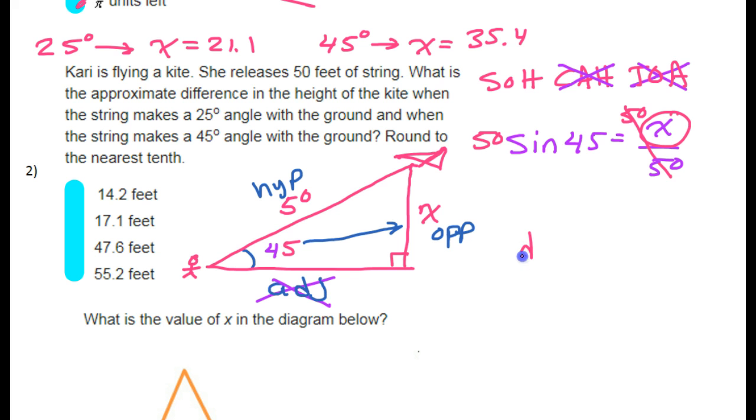So we're just going to do 35.4 minus 21.1.